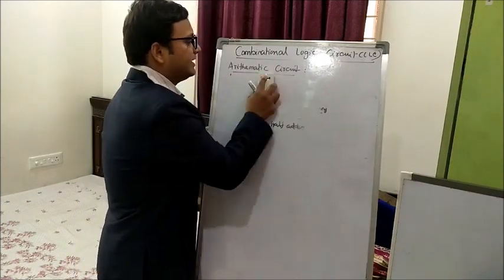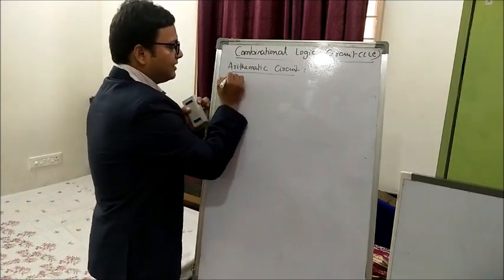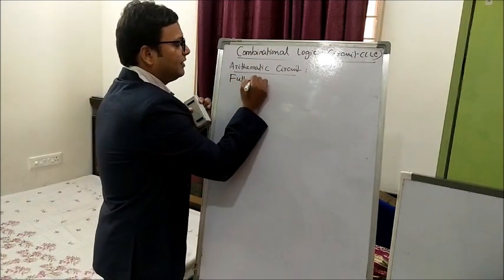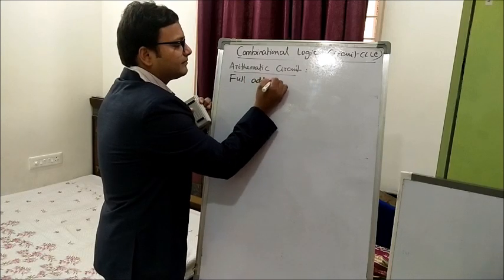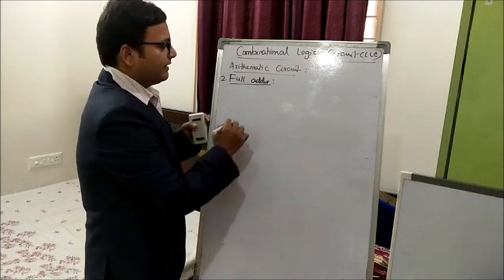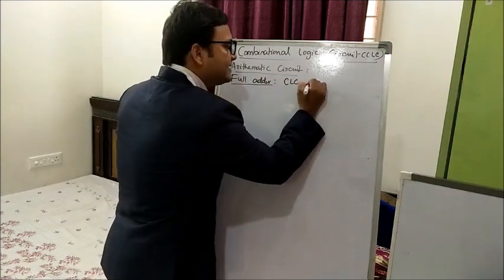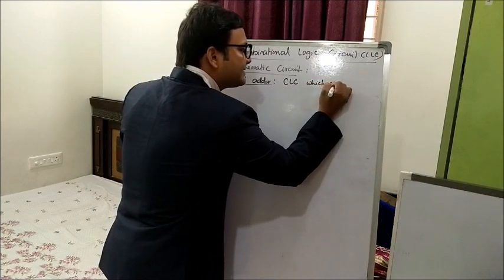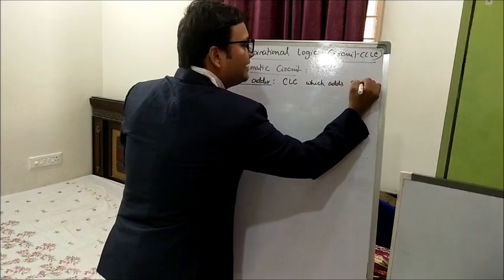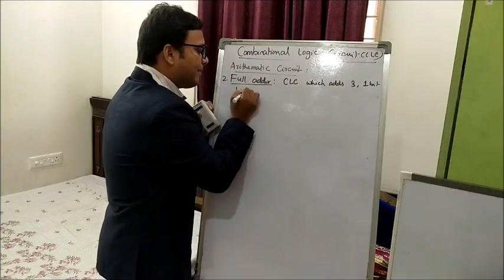The next part is the arithmetic circuit, which is the full adder circuit. A full adder is a combination logic circuit which adds 3 1-bit binary numbers.